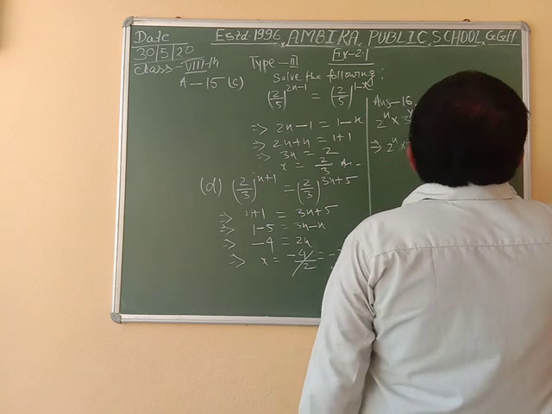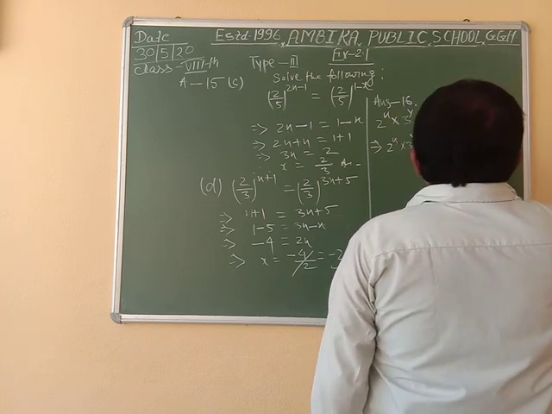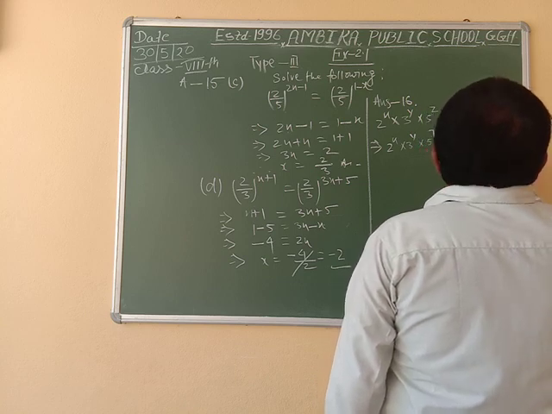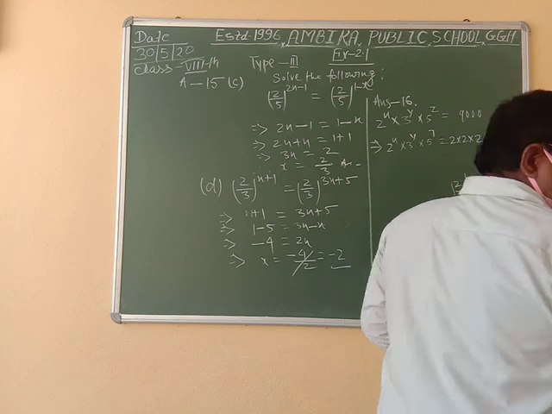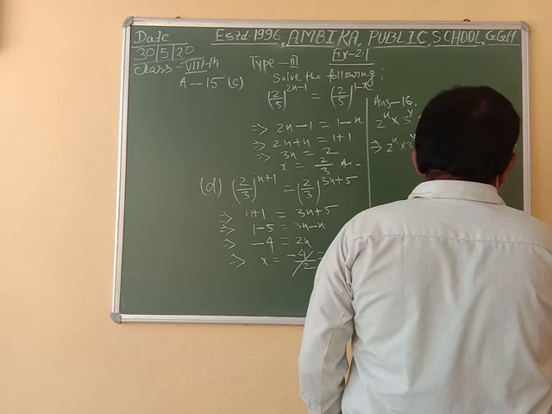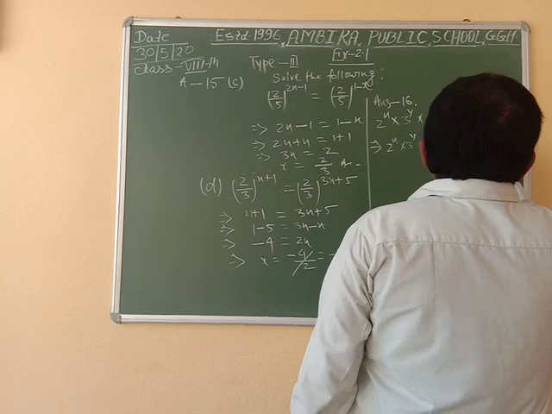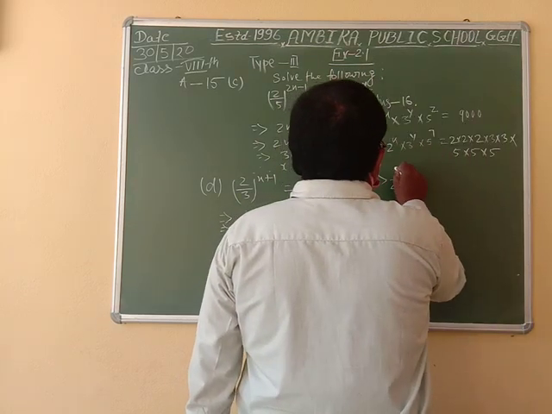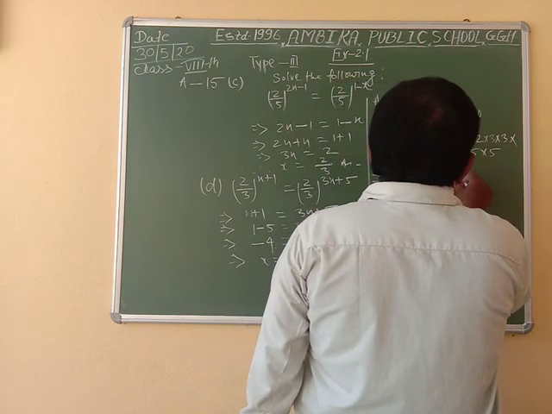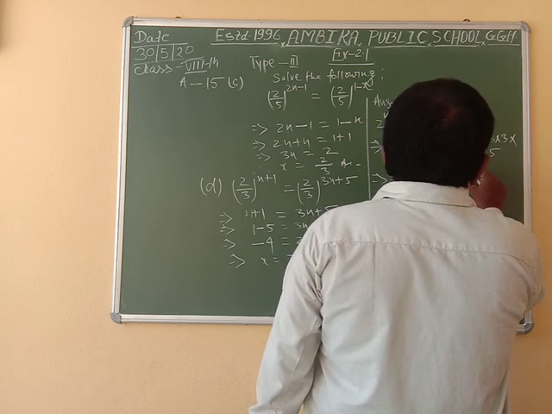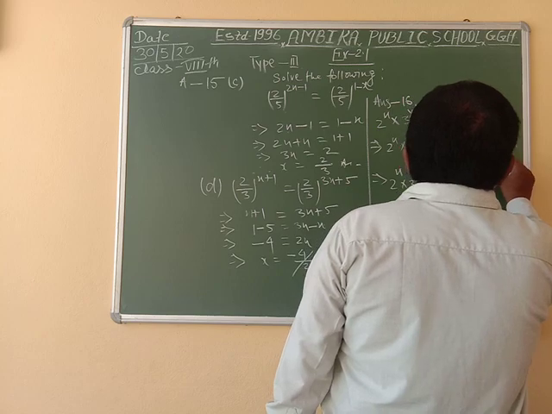We can write 9000 is equal to 2 into 2 into 2 into 3 into 3 into 5 into 5 into 5. So 2 to the power x into 3 to the power y into 5 to the power z is equal to 2 cube into 3 square into 5 cube.